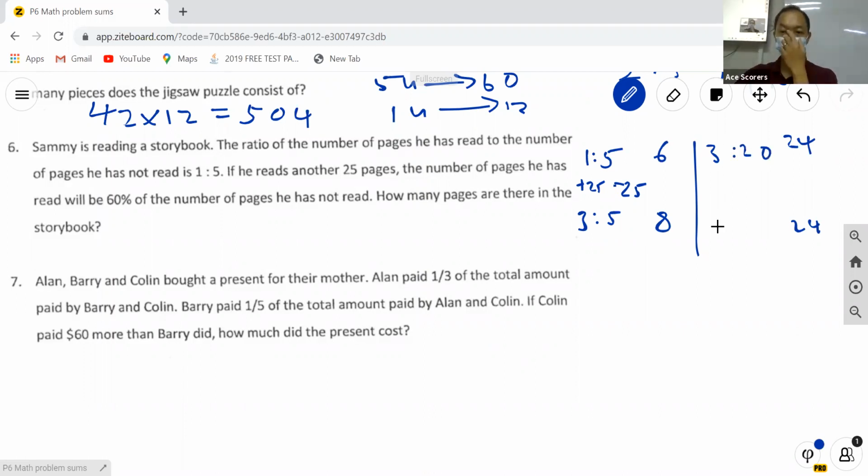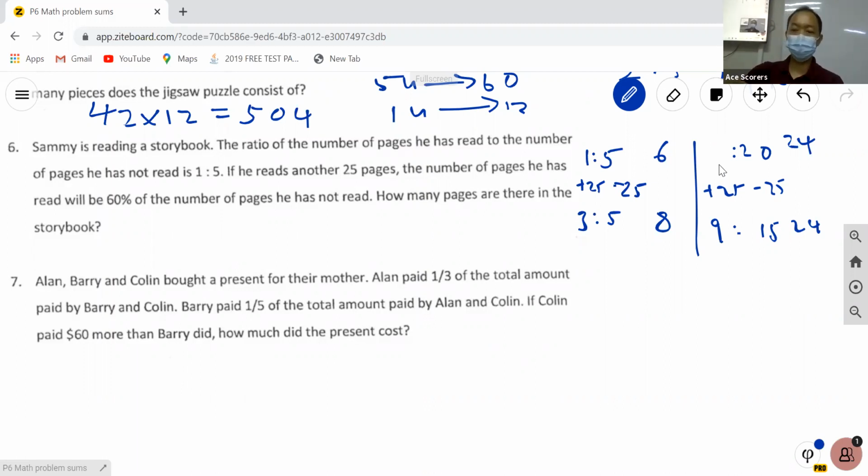And the bottom part times 3, so 9 is to 15. And this is plus 25, minus 25. Wait, I have a problem. Why is this 3? This is wrong. It's 4.